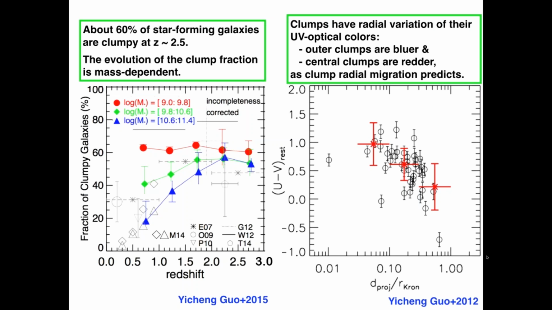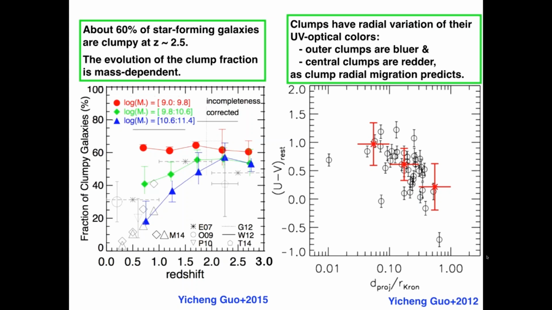Another thing about the clumps is shown in the right-hand panel from an old paper, 2012. We actually have much more detail, and a new paper is being prepared. First author will again be Yicheng Guo. What you see is that at large radius, the clumps are blue, and as you move into smaller radius, the clumps are redder. And that's exactly what we see in the simulations.